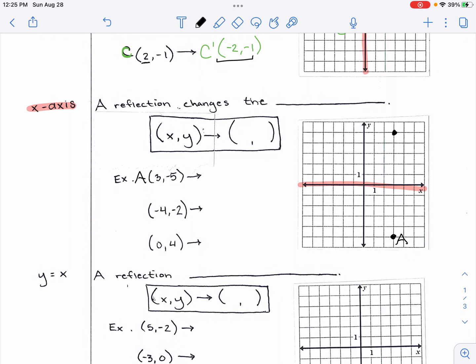It's not shifting at all, but this is where A prime is. Okay, this will be 3 to the right and 5 up. So that coordinate is 3, 5. So we're going to put A prime, positive 3, positive 5. Next one, negative 4, negative 2. So that is 4 left and 2 down.